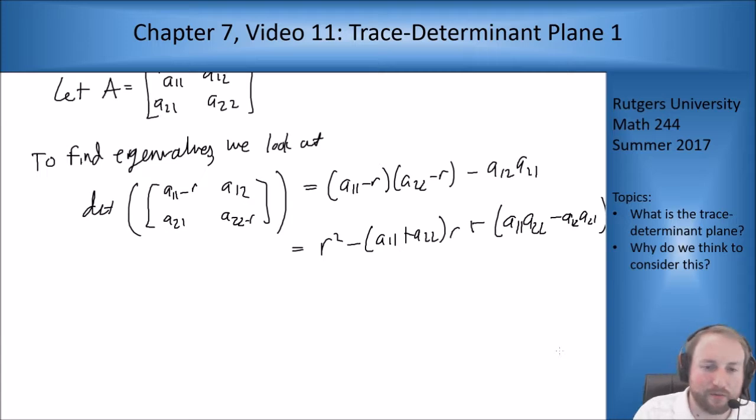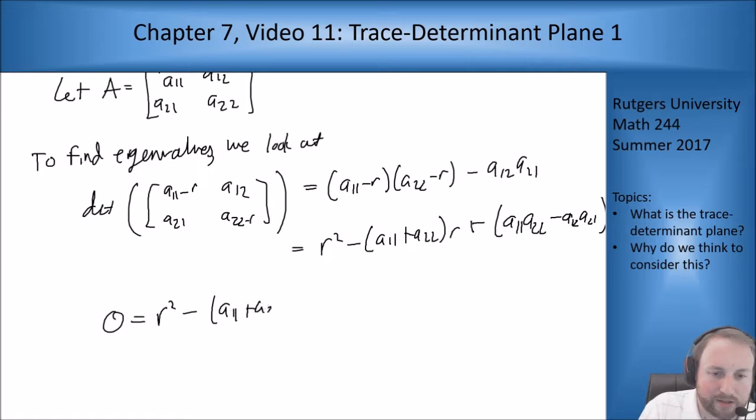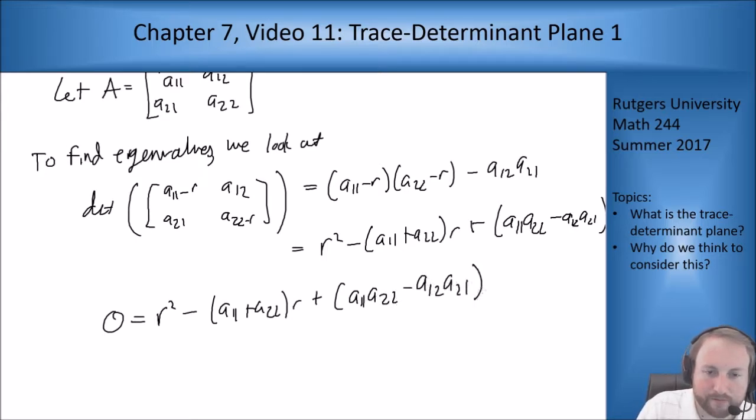I'll write this again one more time. We're solving 0 equals r squared minus (A11 plus A22) r plus A11 A22 minus A12 A21.